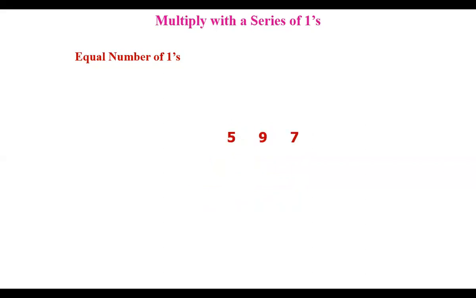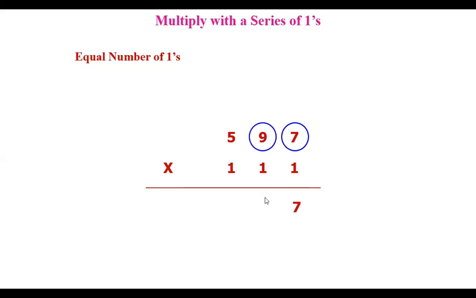Next, let's take another example with 3 digits, 597 multiplied with 111. Here again, we start with one number on the right side, the rightmost. So take 7 here, 7. Next 2 numbers, 7 plus 9, 16. So 6 is written here in the tens place and 1 is put in the hundreds place, kept aside.